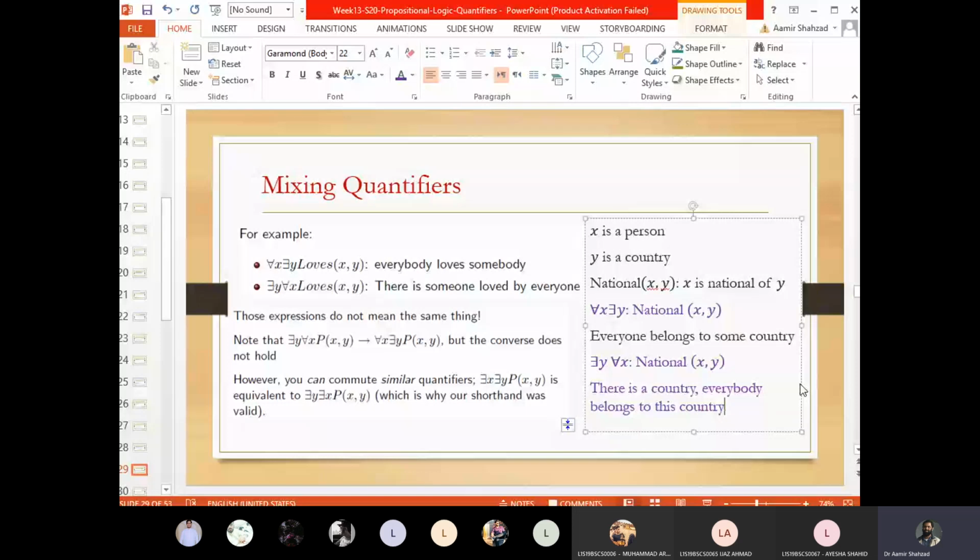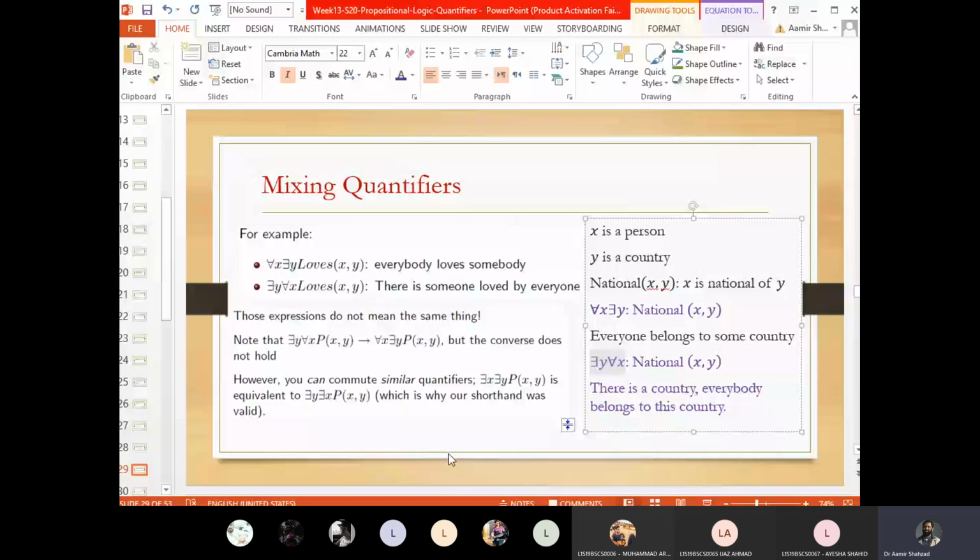So for some country, everybody is a national of this thing. So हमने just quantifiers को आगे पीछे किया, उनका order change कर दिया. For all X there exists Y. अब हमने क्या कर दिया? There exists Y for all X. Meaning of statement is totally changed. Meaning of statement completely change हो जाता है. So we have to be very careful about the order of quantifiers.